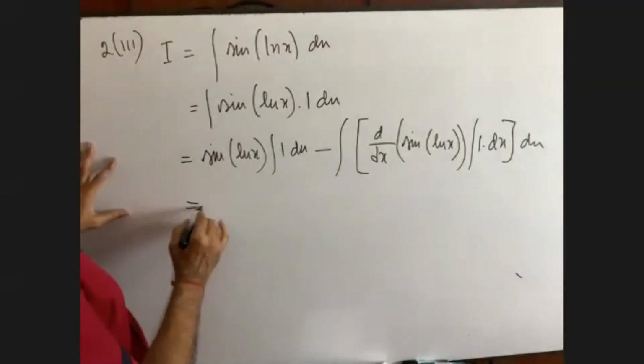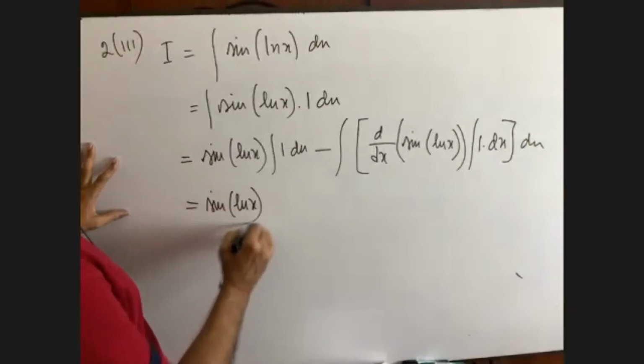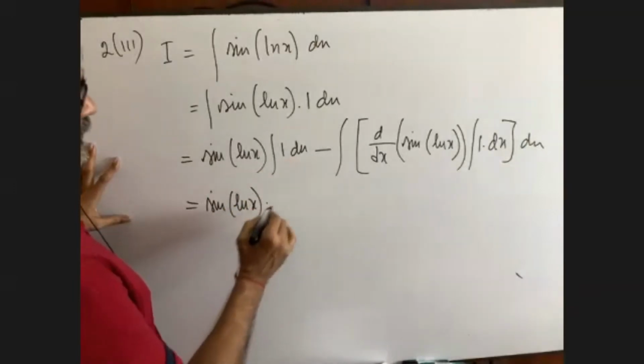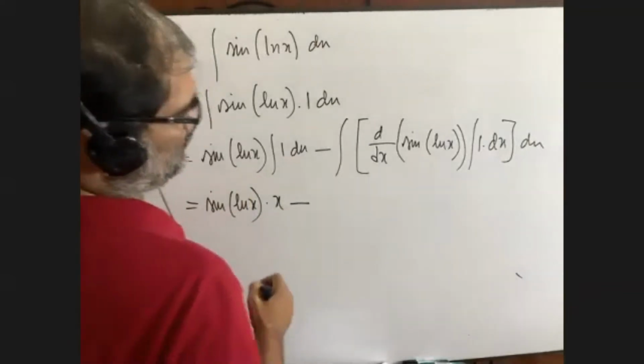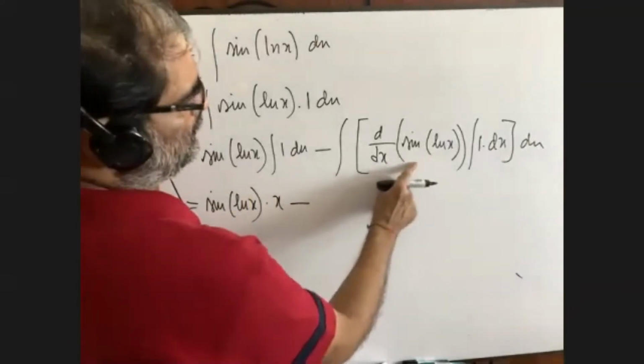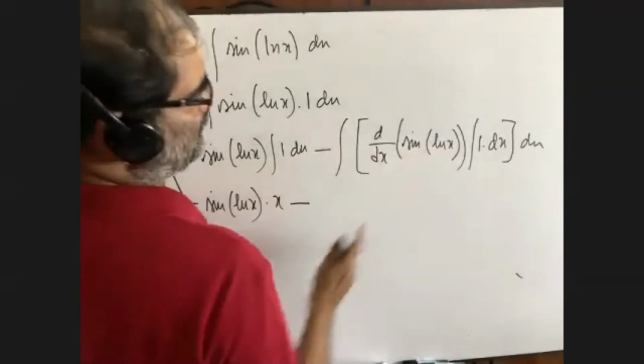Okay, now we see sin ln x. 1 means only x, that you know. Minus, now let me know what will it be. Can you please tell me?